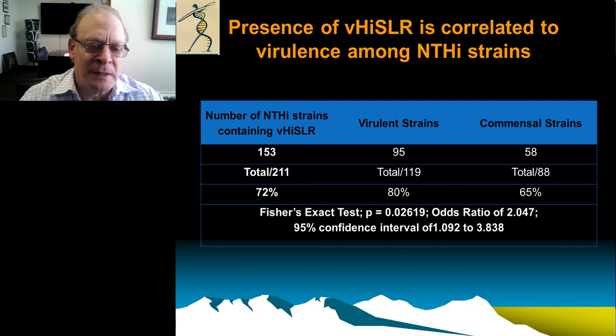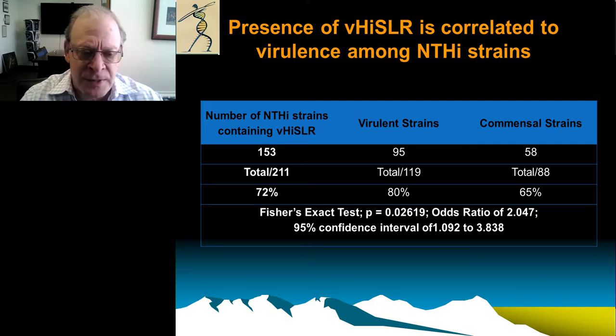And so if we look at the statistics of this, we just used Fisher's exact test, comparing the presence of these SLR genes in virulent versus commensal strains, and got a p-value of about 0.02.